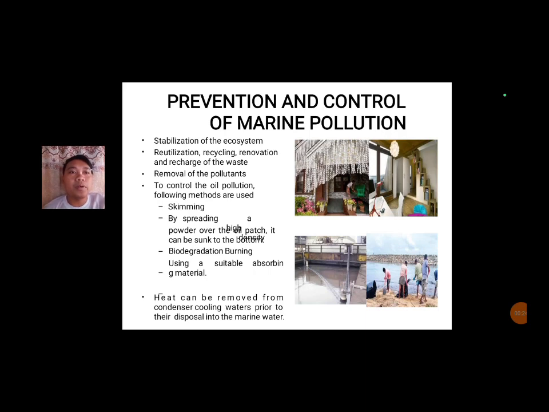To control oil pollution, the following methods are used: skimming, by spreading powder over the oil patch so it can be sunk to the bottom; biodegradation; burning; using a suitable absorbing material. Heat can be removed from condenser cooling waters prior to their disposal into marine water.